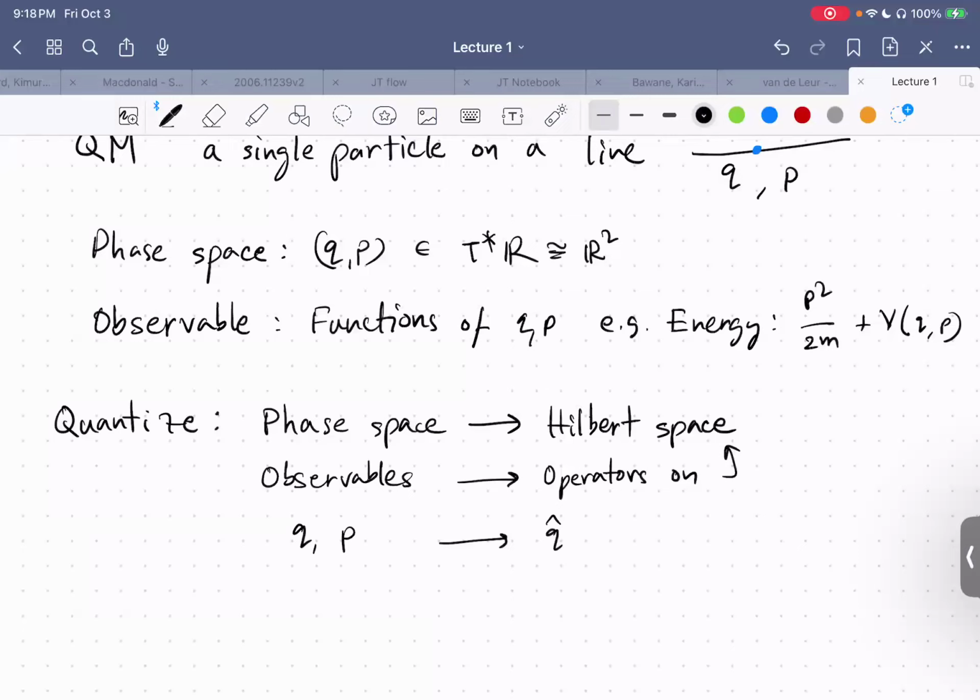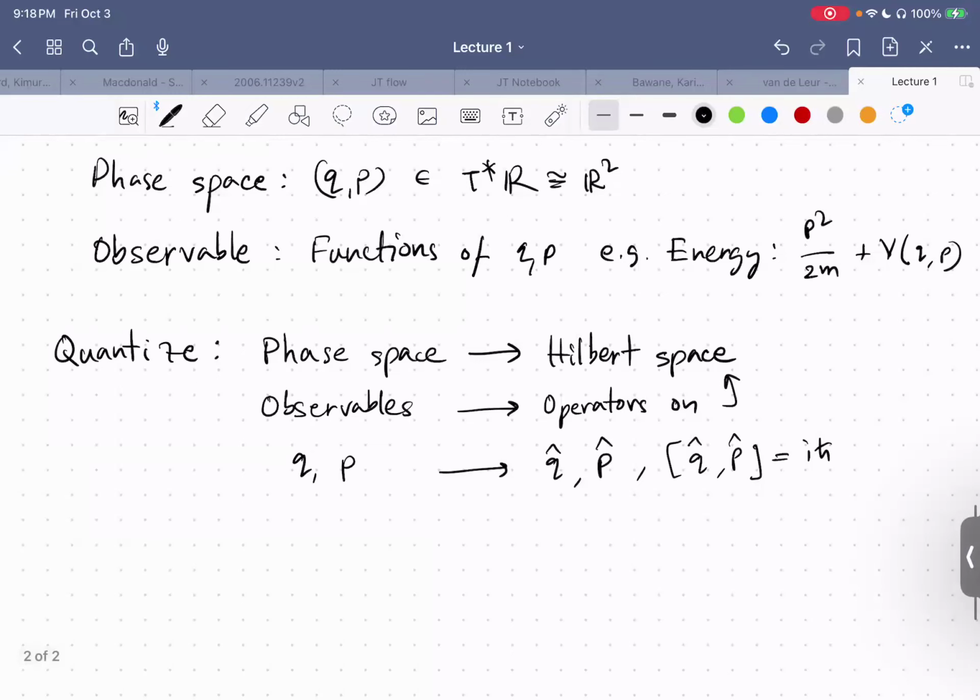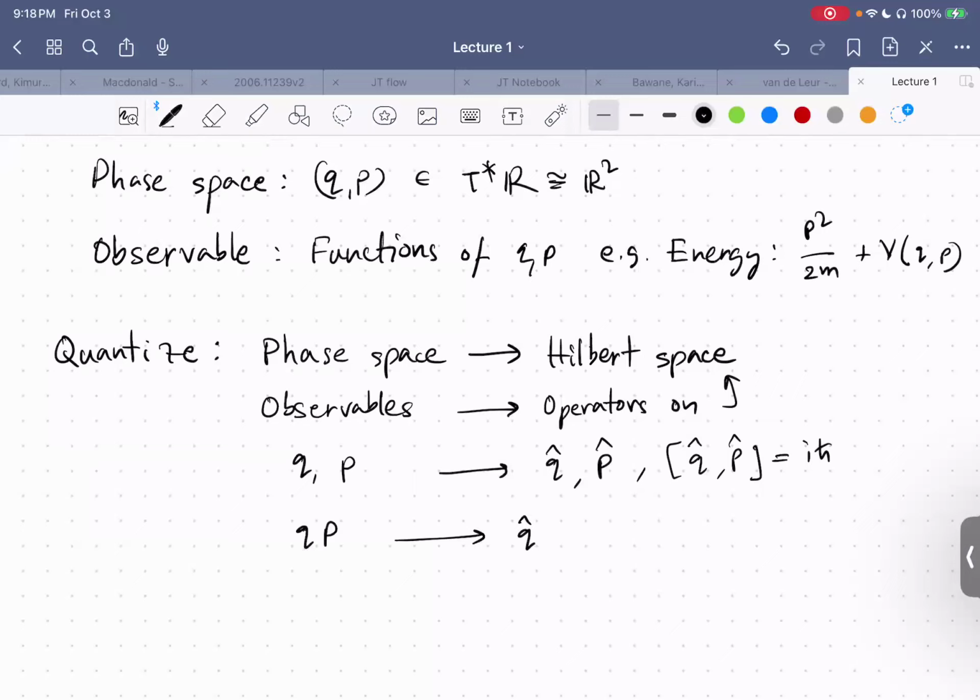Okay. For more complicated observables, for example, take the product of Q and P, which is a function of Q and P. So what will these be replaced with? Here there are some ambiguities. For example, it could be Q hat P hat, but it could also be P hat Q hat. Classically QP is the same as PQ, but quantum mechanically, obviously they're not.